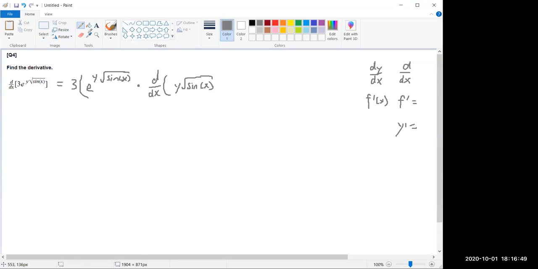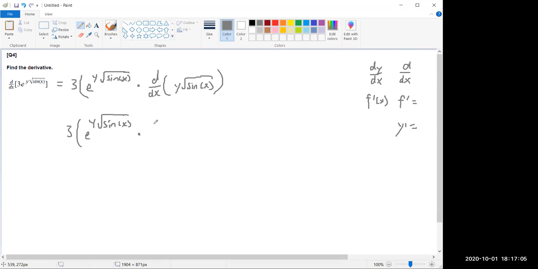Okay, so let's go ahead and take the derivative of this exponent. So it's 3 e to the y sine of x. We said we need product rule, so let's go ahead and do that.